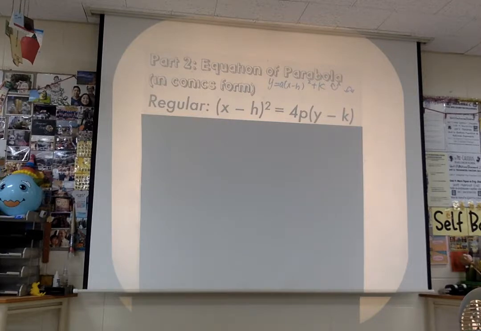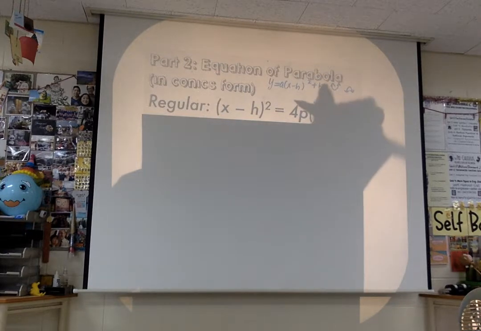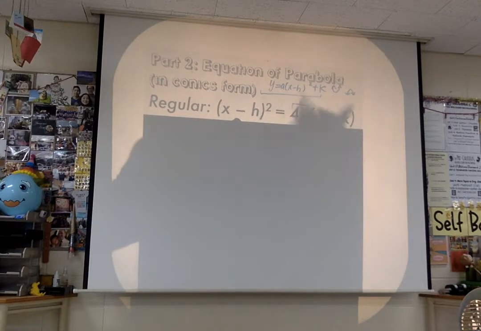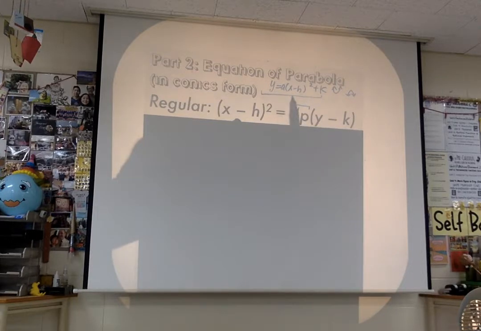That's our regular. And I'm going to explain what this 4p strange thing is. Can you see the relationship between these two? I'm sure we're all good enough where we can derive this one from this one, except the p and the a are strange, but we'll see the relationship later.